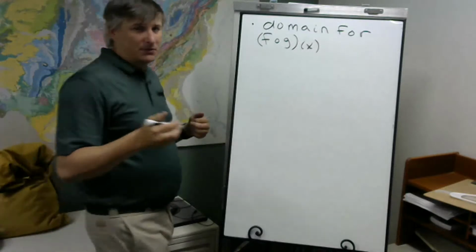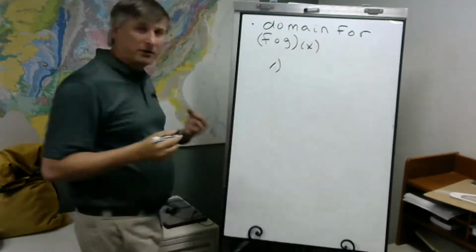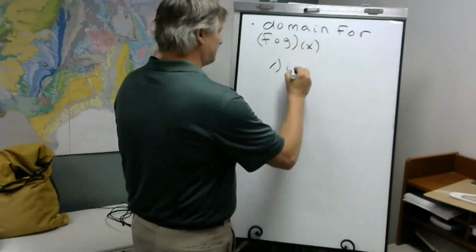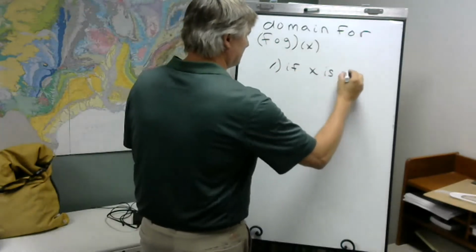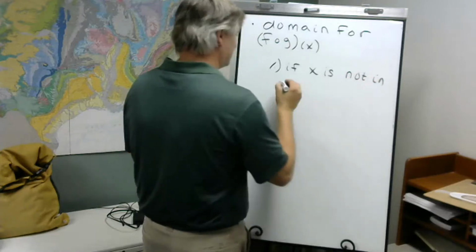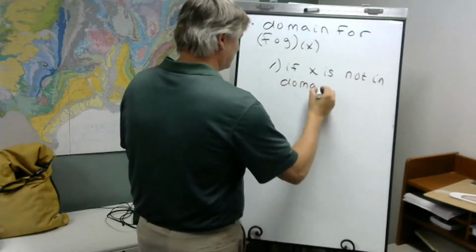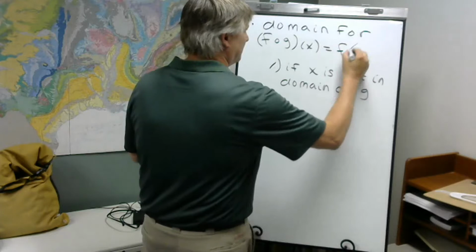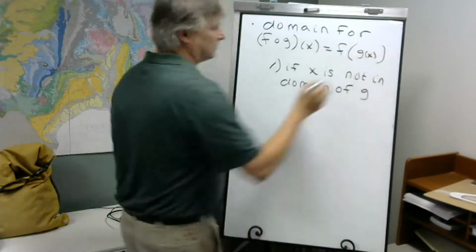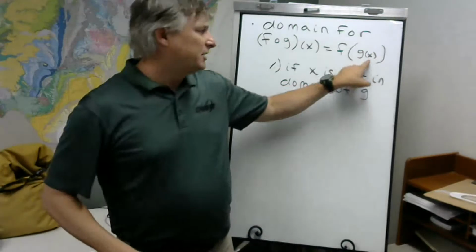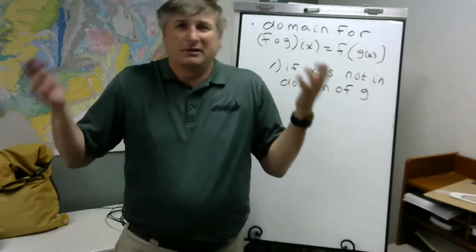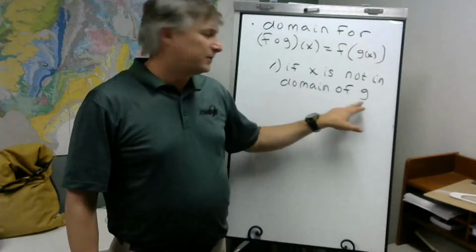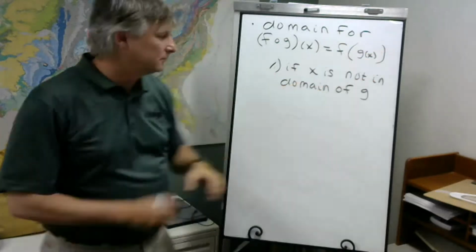When you look at the domain for compositions, first off, what are going to be your restrictions? First, if x is not in the domain of g, remember, this is f of g of x. So if x goes into g and it already blows things up, like we're already going to get division by 0 or square root of a negative number, well then if x is not working for g, it's not going to work for the whole thing.